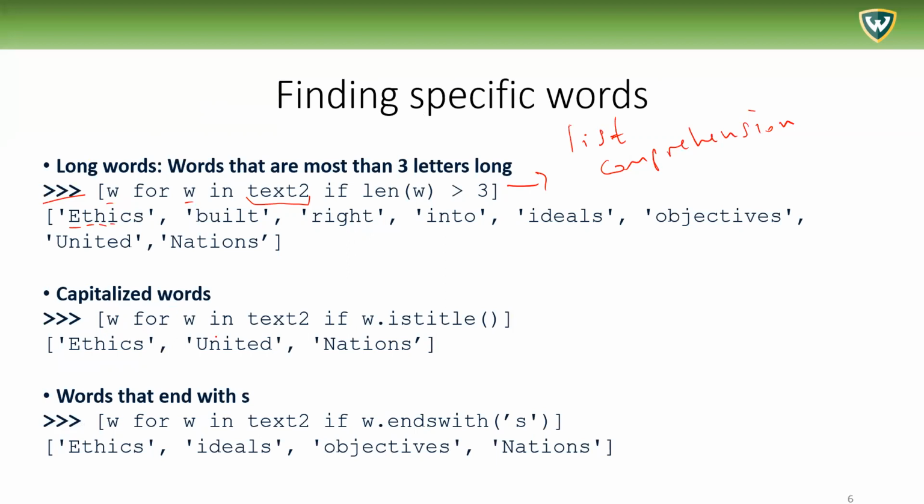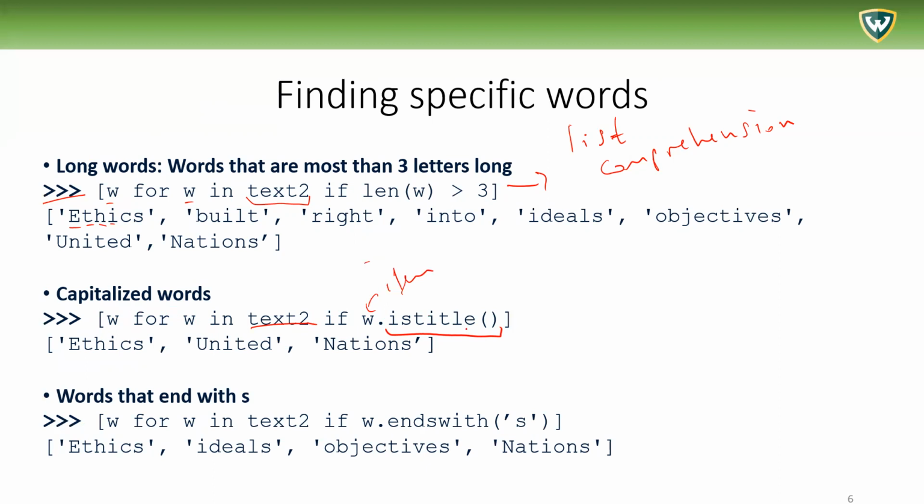Another use of list comprehension and a string function is the same idea, W for W or item for item in text2. Instead of W, you could write item, or I or Z. So item for item in text2 if item dot is title. This is a function we are applying to the item variable.